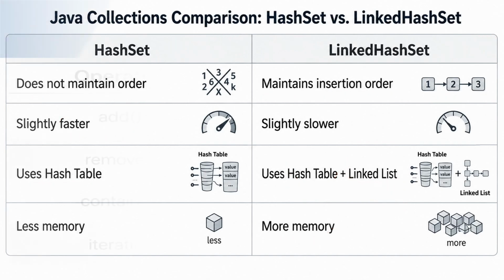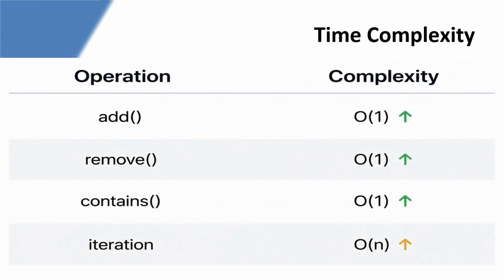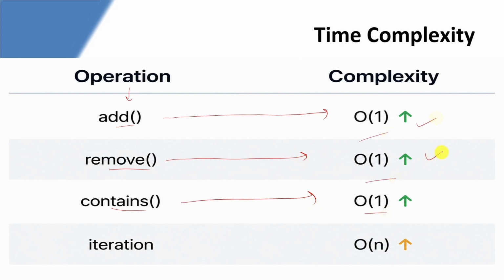So let's move on to time complexity. How much time it will take when we increase the number of elements. It can be linear. So for add, we are adding an element, remove, we are removing an element, and contains means we are checking whether that element is present in the collection or not. For these three, it is O(1). Okay, time complexity, this is good.